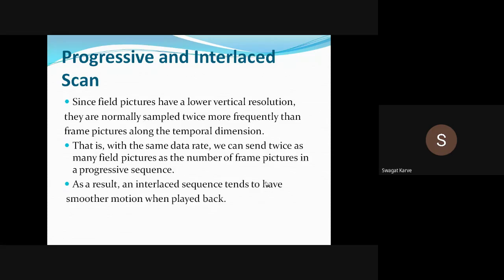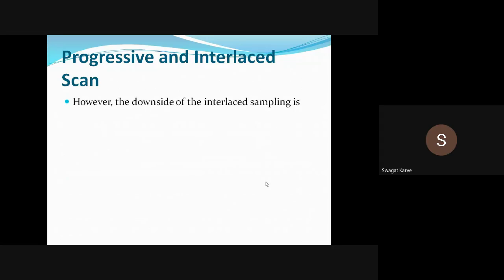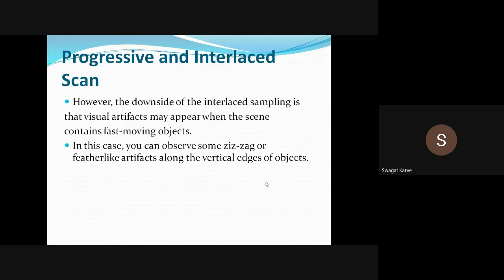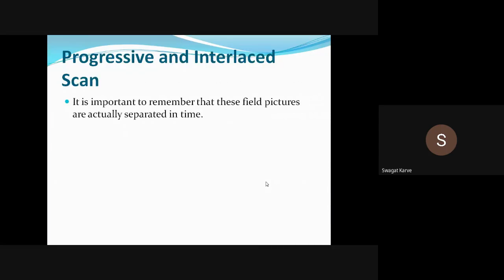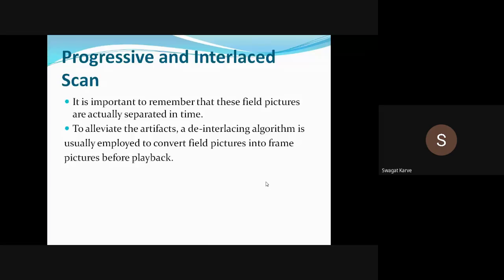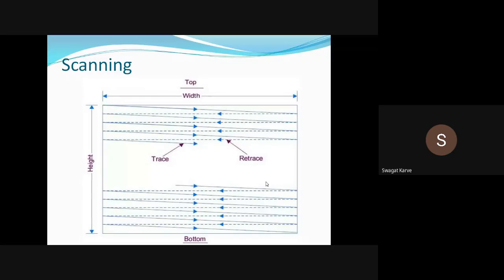Okay, now next part is about the main difference between the progressive sampling and interlaced sampling. Okay, now let me go to the next slide. Okay, this part I have to show you. The scanning, what happens, see, you have a screen, right?